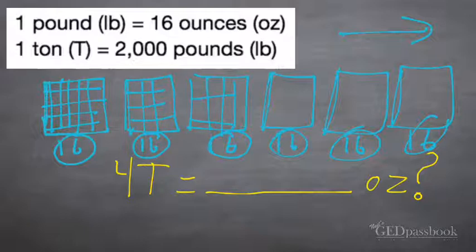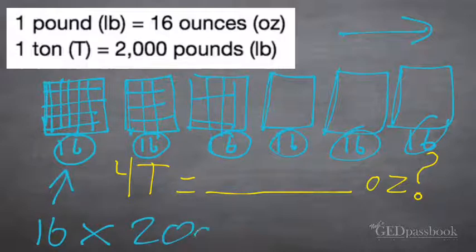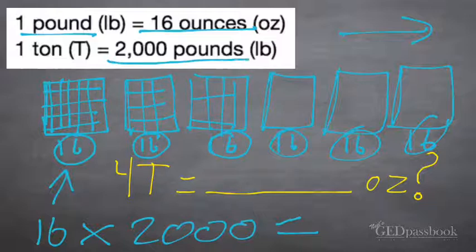But obviously we don't want to waste our time. What could we do? What's the shortcut? Get that 16 and just times it by 2,000. There are 16 ounces in 1 pound, and there are 2,000 pounds in 1 ton.